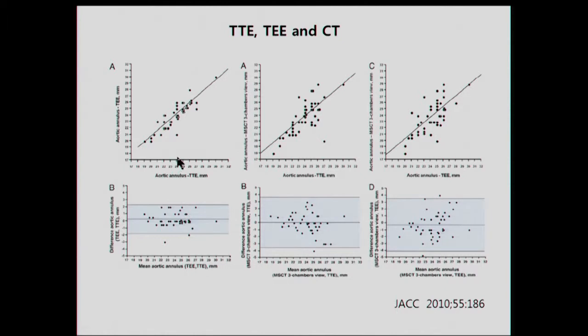Annulus sizes were compared between TT, TE, and CT. Comparing each method, the correlation was good, but there were some larger differences between CT and TT, and CT and TE.